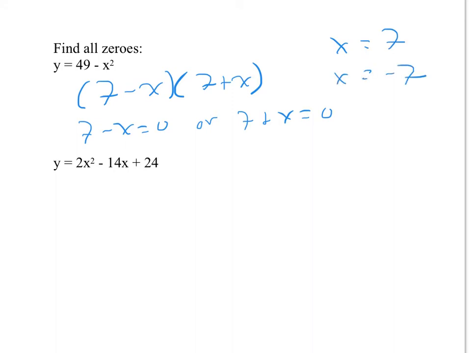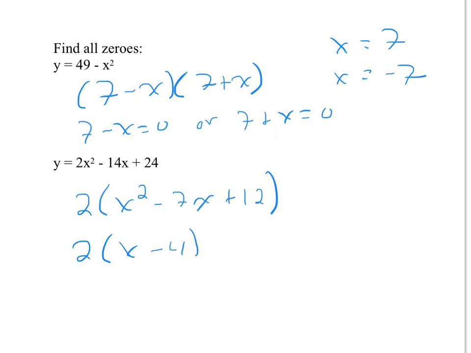All right, let's look at this second one right here. We can factor this one. So y equals 2x squared minus 14x plus 24. I'm going to start by factoring out a 2. So I have 2 times x squared minus 7x plus 12. I can factor x squared minus 7x plus 12 as 2 times x minus 4 times x minus 3.